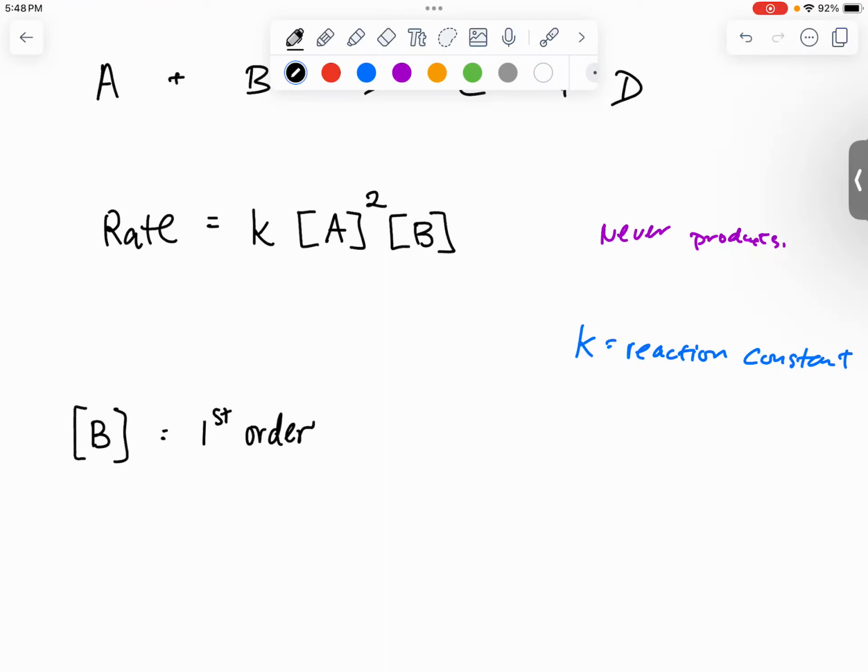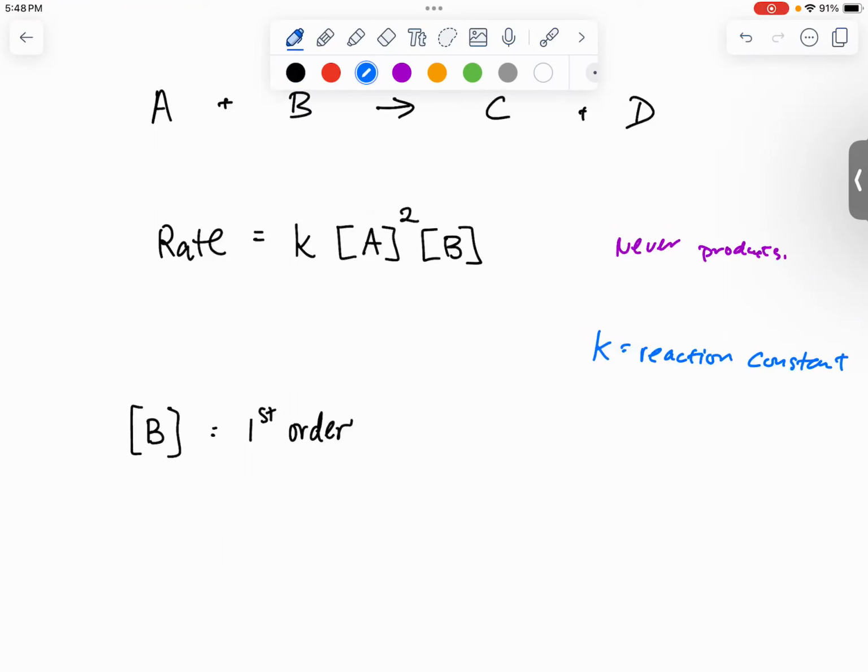What does it mean when we say first order? It means that if you double the concentration of B, then you double the rate. So that is linear, first order, like a proportional relationship. They are directly proportional in a linear way. So if you double B, you double the rate. If you halve B, you halve the rate.